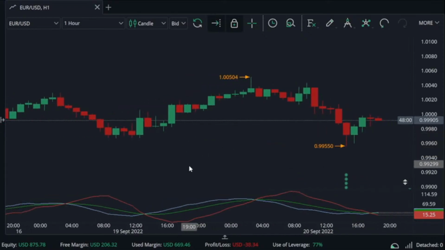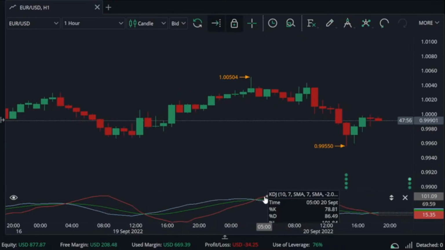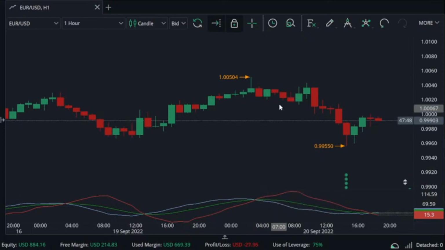All right, so here is this plotting when the momentum turned bearish. Here we saw the percent J line crossing above the percent D as well as percent K, and after that there we saw significant move on the lower side for the Euro USD.